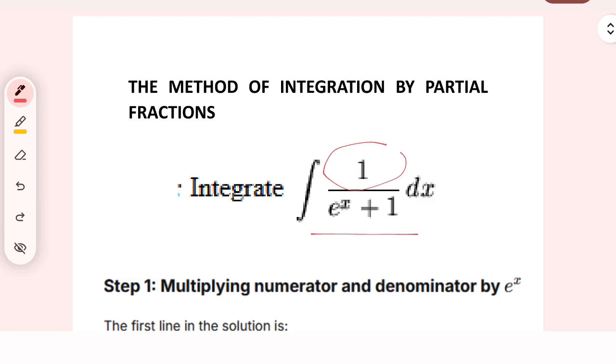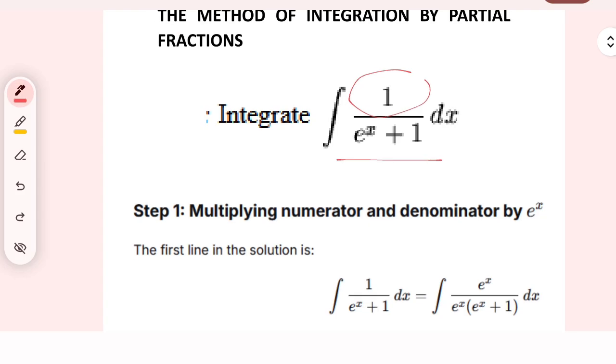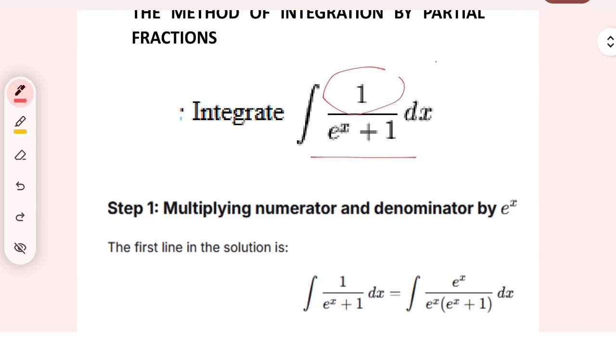So that's okay. And what you can do here is multiply both the numerator and the denominator by e to the x.